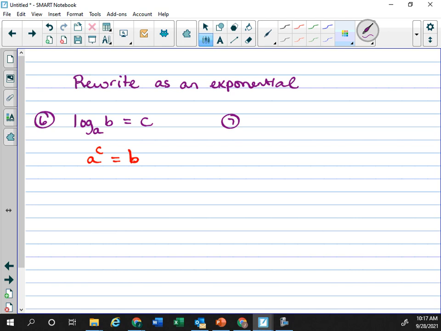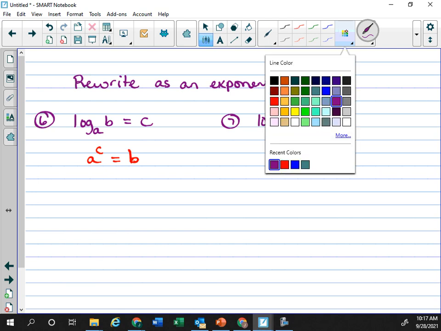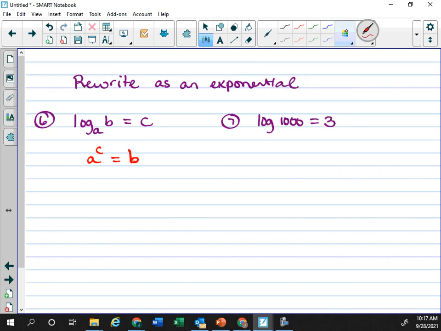So let's do log of 1,000 equals 3. And I know I didn't write a base this time. Does anybody know why I didn't write a base? Connor? Yes, that is 10. That is what's called a common log.